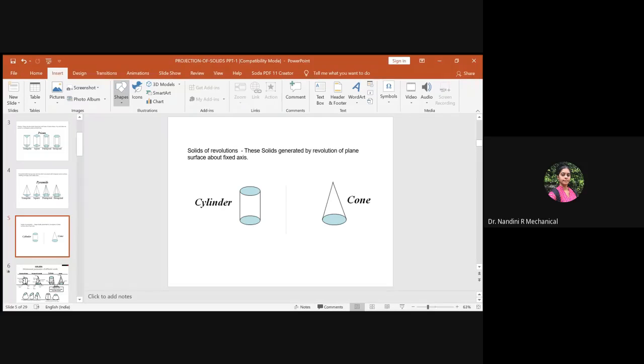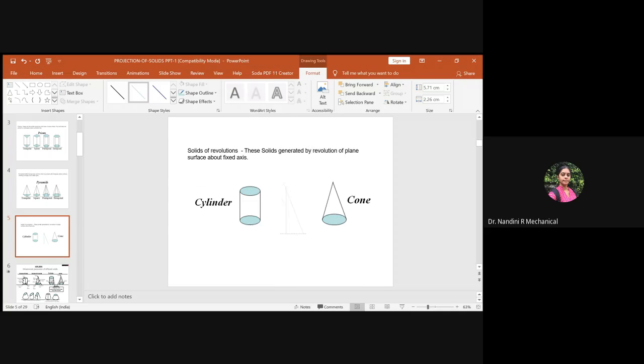Just for your understanding, this is a triangular lamina. If you rotate this triangular lamina 360 degrees around the axis, then it helps in tracing out a cone-like structure.